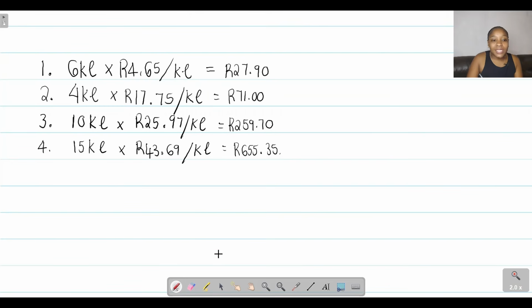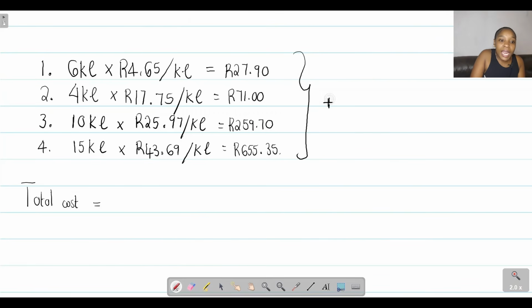However, we are not done. We want to find out the total cost that this person, or you, would pay if you consumed 35 kiloliters of water. So we need to add up all these amounts. Let's do that.